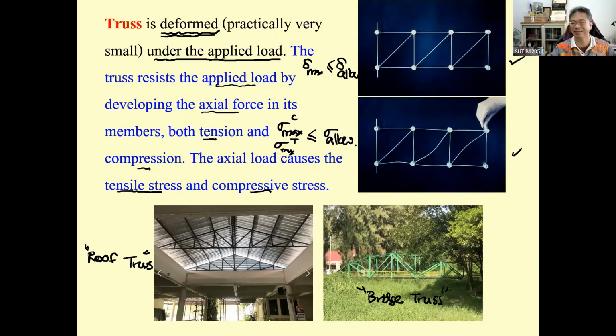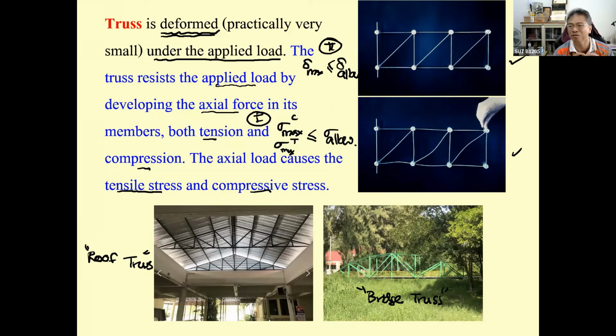That means strength-based analysis or design. And another one is going to be stiffness-based analysis and design. So in this chapter, not only the force, we are going to consider the stress. We also consider the deformation. This is the real world application.